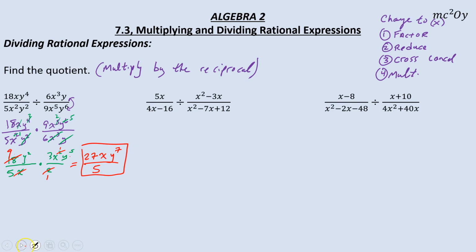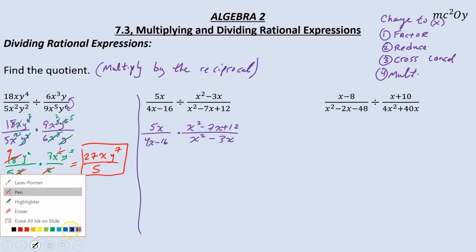All right, well, let's try the next one here. First thing I'm going to do, change it to multiplication. So I need to go 5x over 4x minus 16 times, we'll flip the back, x squared minus 7x plus 12 over x squared minus 3x. Okay, and now it looks like I'm going to factor.